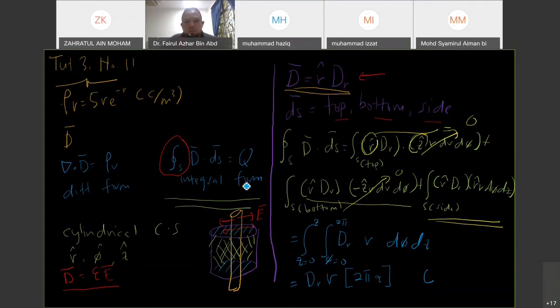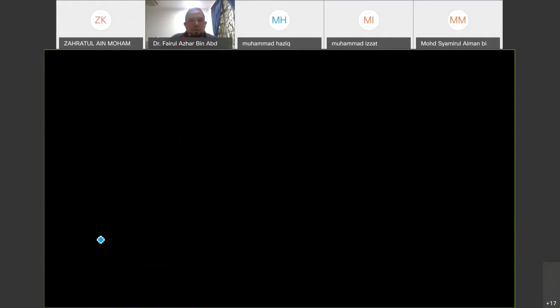All right, so let's solve the right side of the equation. We will have Q is equal to the volume integration of rho V dot dV. Because the charge here is given as a volume density, when we have to perform a volume integration, we need to perform triple integration.